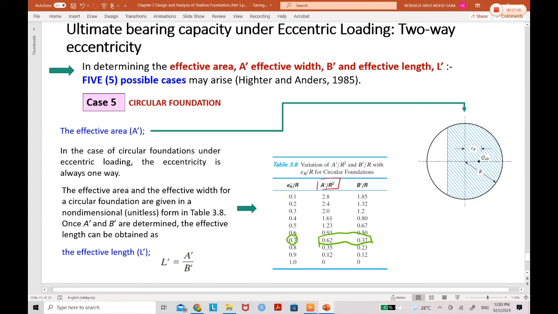Once A prime and B prime are determined, you can get the L prime, because we will know R, the radius of the foundation.